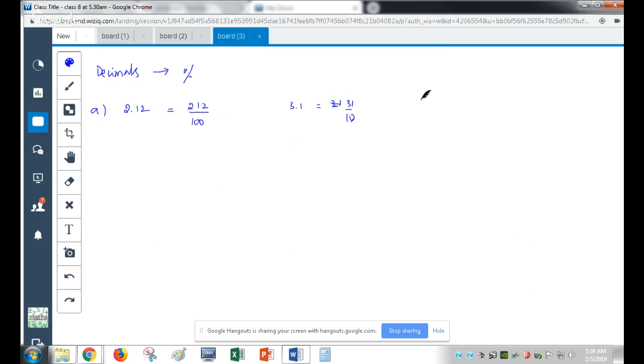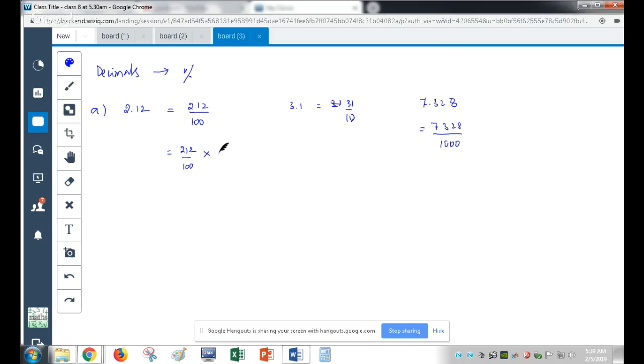If 3 places are there, 7.328, then 7328, remove the decimal and divide by 1000. 3 decimal places, 3 zeros. So then we have converted decimal into fraction, and you already know how to convert a fraction into percentage.